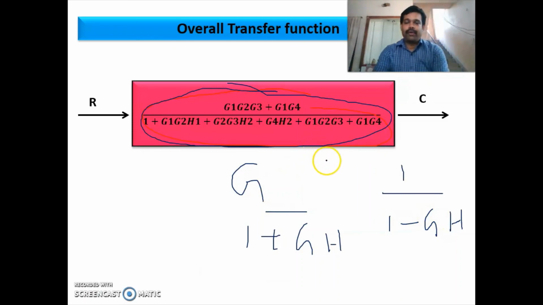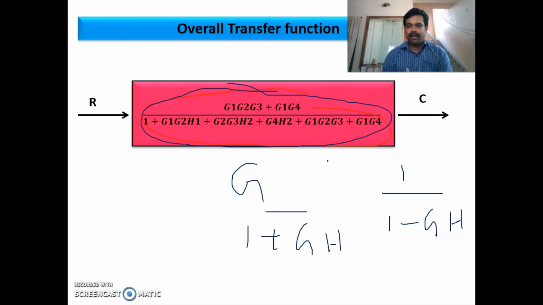So we have found out the overall transfer function of the system. Initially you are having one block diagram. First we have analyzed the block diagram, whether it is possible to apply any rule without modification, and we understand that without modification it is not possible. So we have moved the branch point to some other point, and then we have applied the cascaded rule, then combined the parallel blocks.